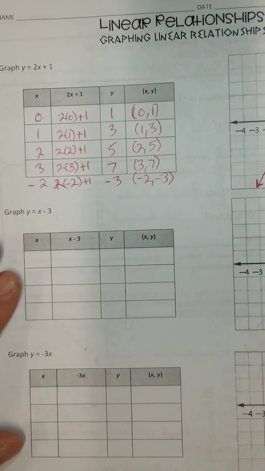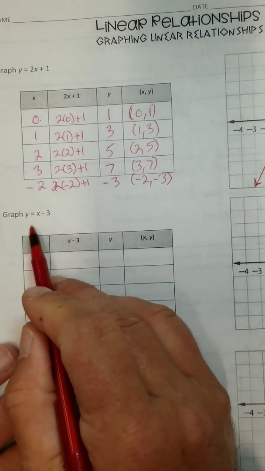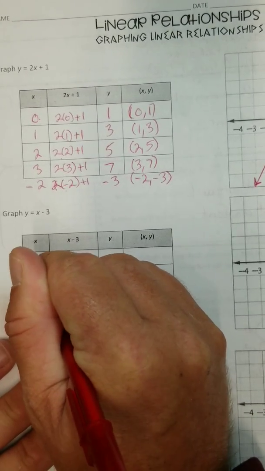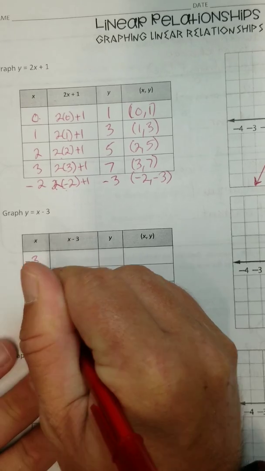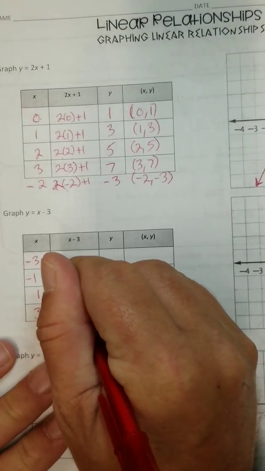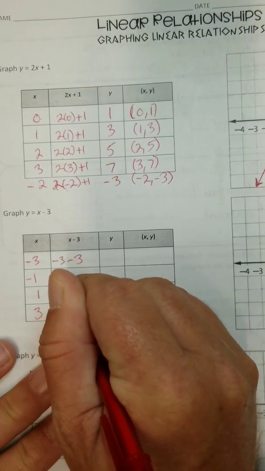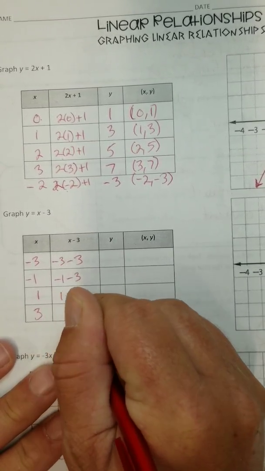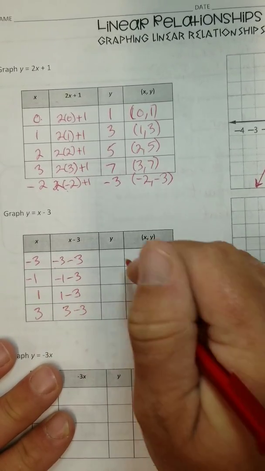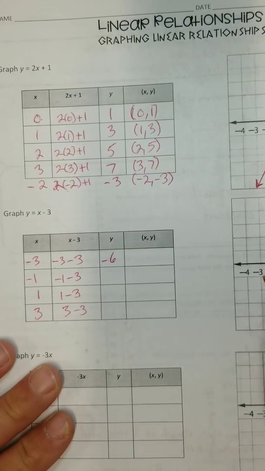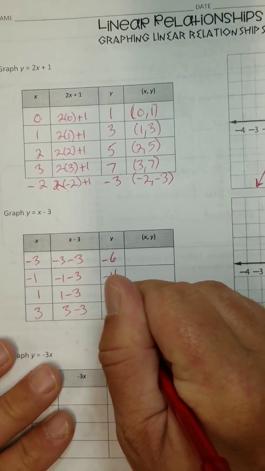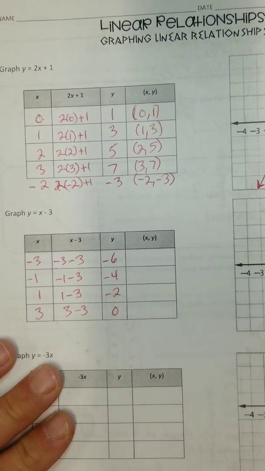Okay, let's go to the next one. Y equals x minus 3. Let's use the points x is -3, -1, 1, and 3. So this is -3 minus 3, -1 minus 3, 1 minus 3, and 3 minus 3. -3 minus 3 gives me -6. -1 minus 3 is -4. 1 minus 3 is -2, and 3 minus 3 is 0.